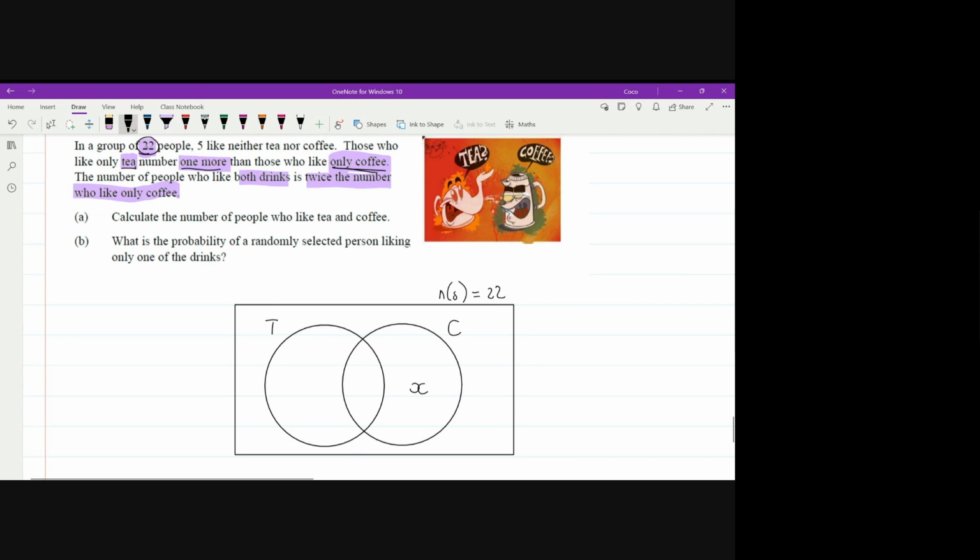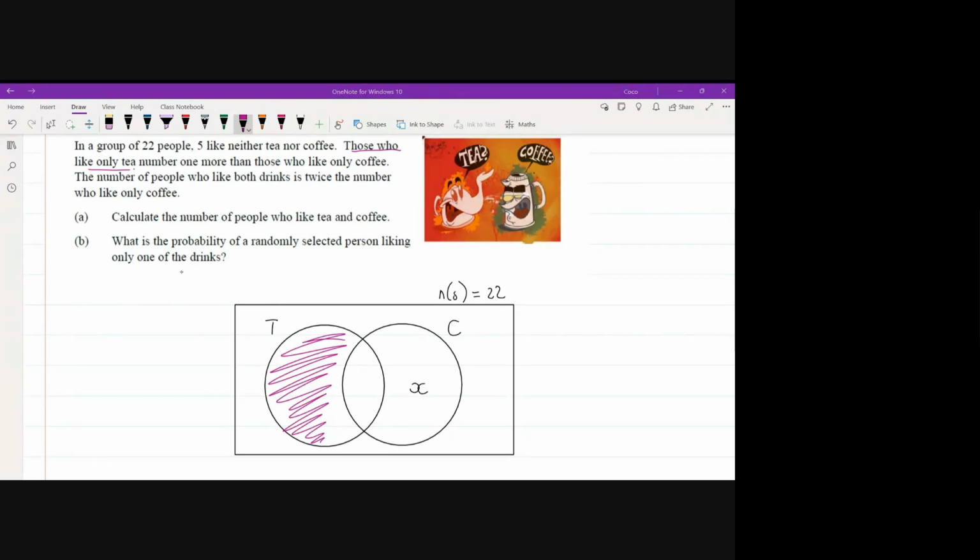If we look at the information we've been given, they're saying those who like only tea. Which section over here is only tea? Are we in agreement that it's just this part? Are we all good?